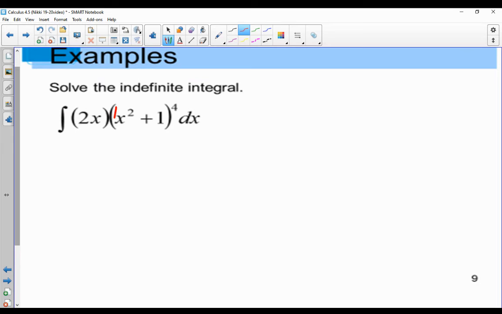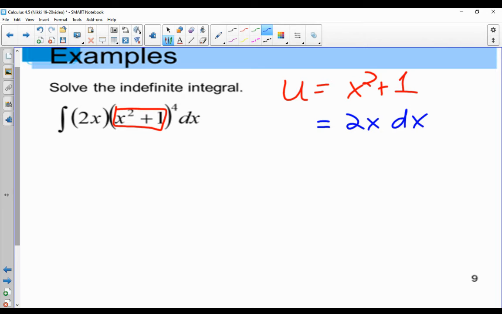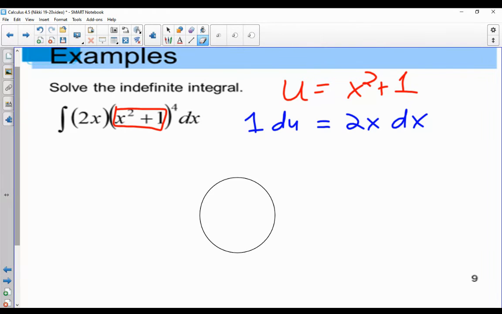Again, take the big blob inside the parentheses, x squared plus 1, and we're going to set that equal to u. Take the derivative of the right side, you should get 2x, label that as dx. Take the derivative of the left, you're going to get 1, and then label that as du, the derivative of u, but we don't really need that 1.